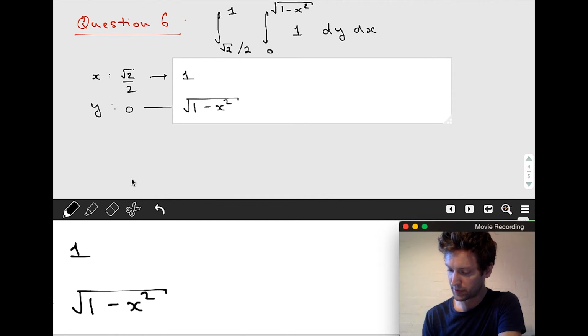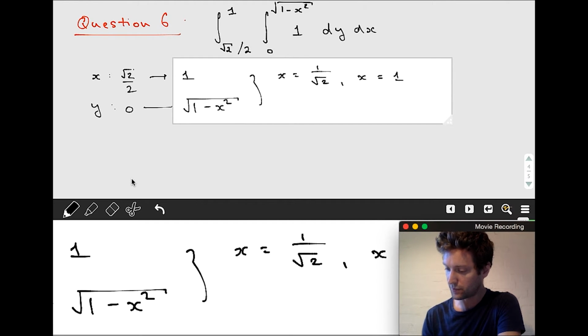So if we interpret these in terms of curves, we see that we have the curve x is equal to root 2 over 2, which is 1 over root 2. We've got x is equal to 1. We've got y is equal to 0. And we've got the line y is equal to the square root of 1 minus x squared.